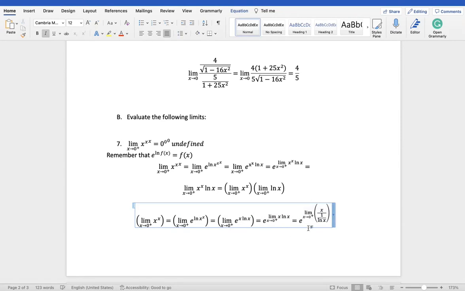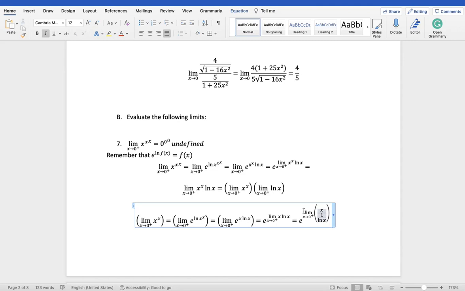Right? And then when you substitute the value of x, what you get is 0 over 1 over ln of 0, as x tends to 0 from the positive side, which is negative infinity. So you have basically 0 over 1 over infinity, which is 0. So 0 over 0. You can apply L'Hopital's rule here, okay?